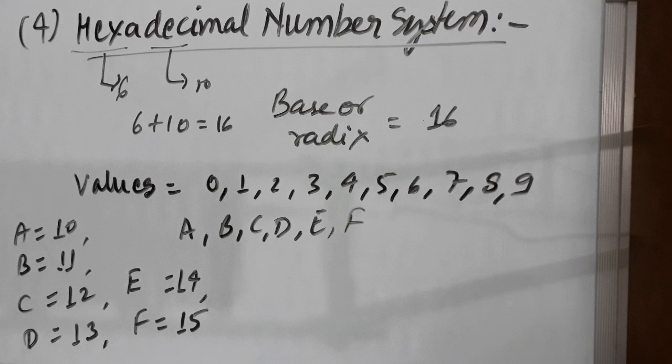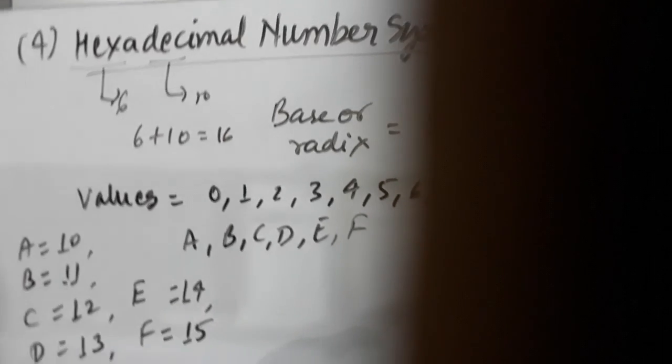So you can see that from 0 to 9, then 10 to 15 are the values, because we are having 0 here.